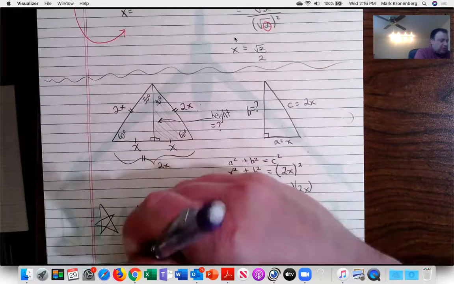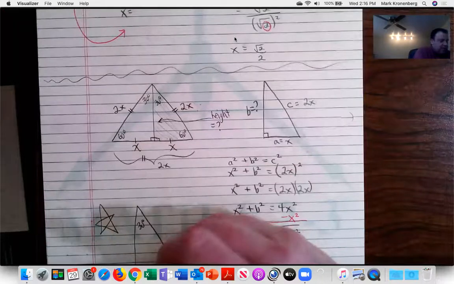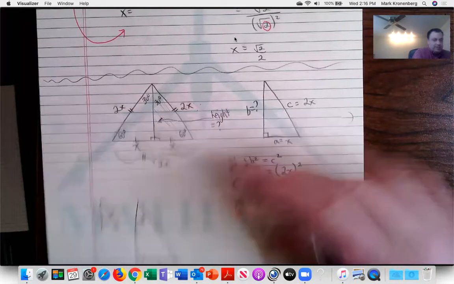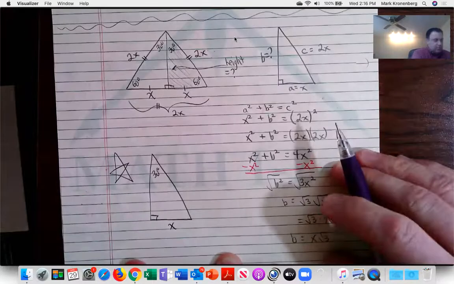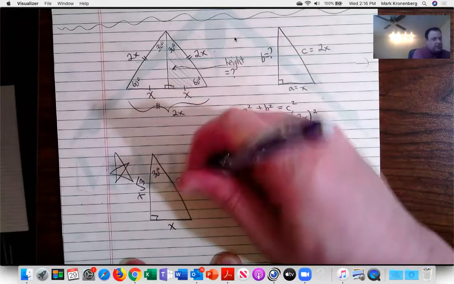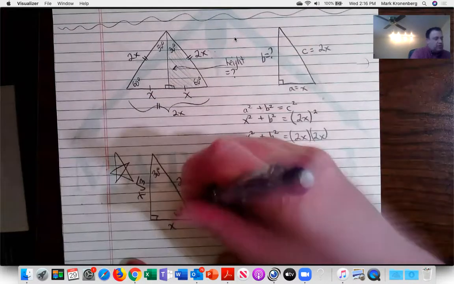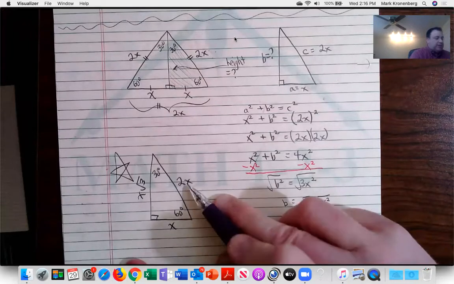The short leg is opposite 30 degrees. The long leg is going to be x root 3. We just solved for that. So here is x root 3, and then this is 2x.